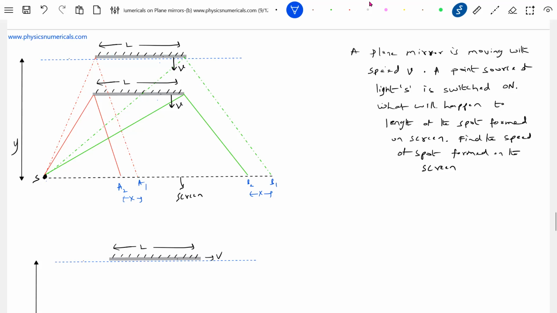So the length A1, B1 is in fact equal to A2, B2. So what happened to the length of the patch? It remains the same. So the size of the patch remains the same.